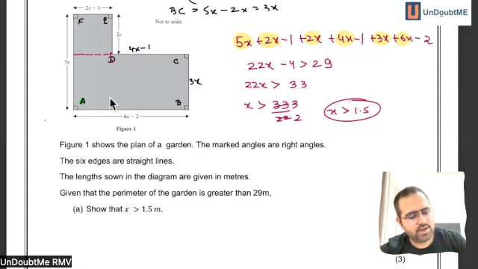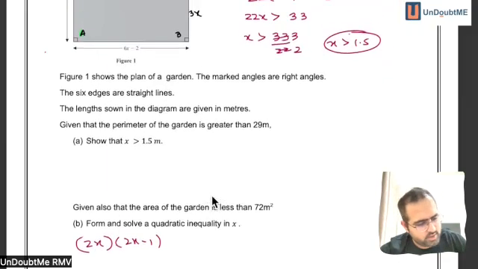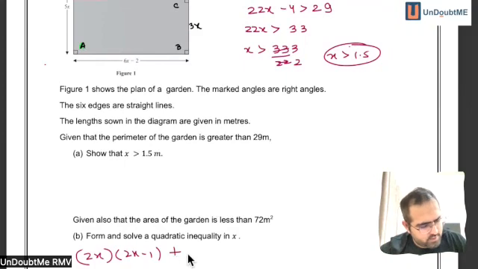Any one you can take, you'll get the same answer. So I'm taking this one. So the area of that smaller rectangle is 2x, 2x minus 1, plus the area of the other rectangle is 3x, 6x minus 2.